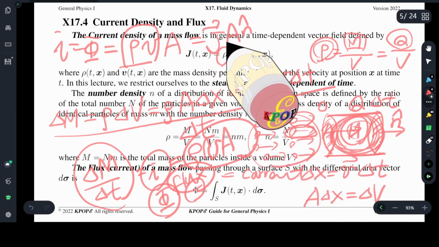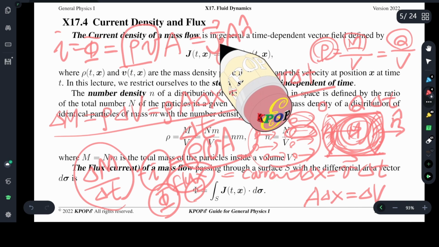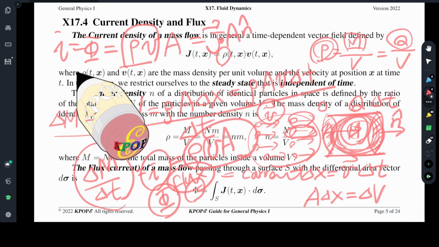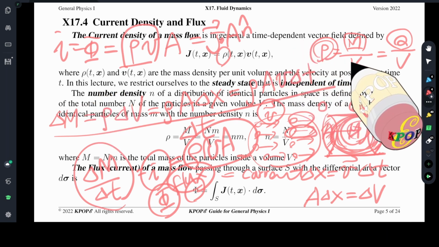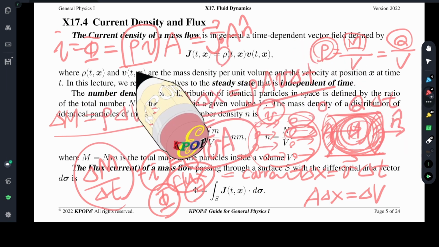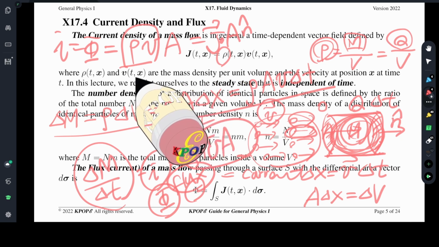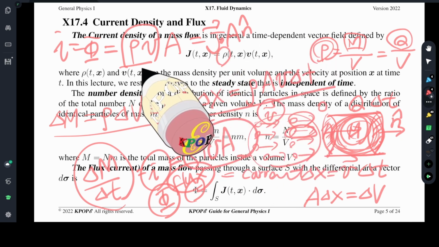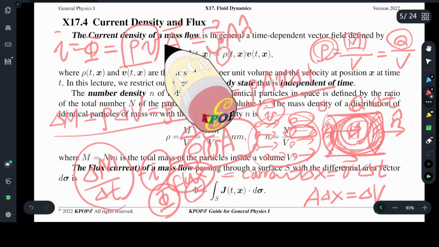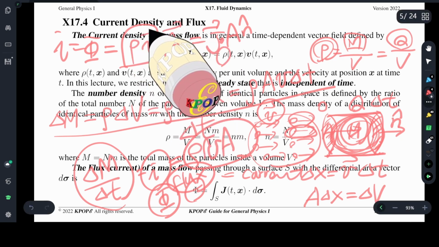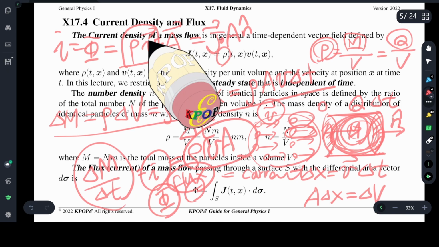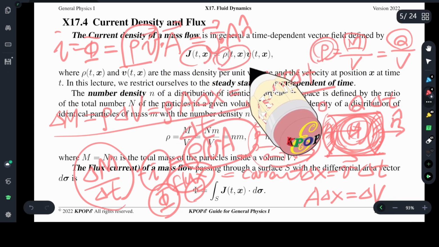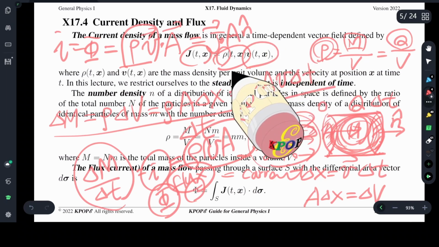Then we take the scalar product to make the whole thing a scalar. Finally, I have a good definition for the current density J. That is, if I copy these results, it should have been vector A and rho times velocity vector. Therefore, current density is a product of the density multiplied by the velocity.